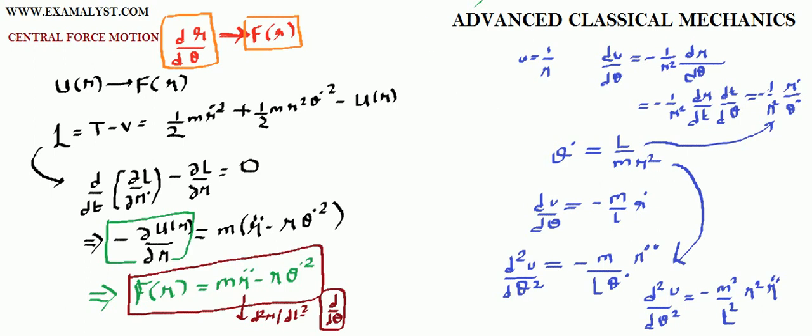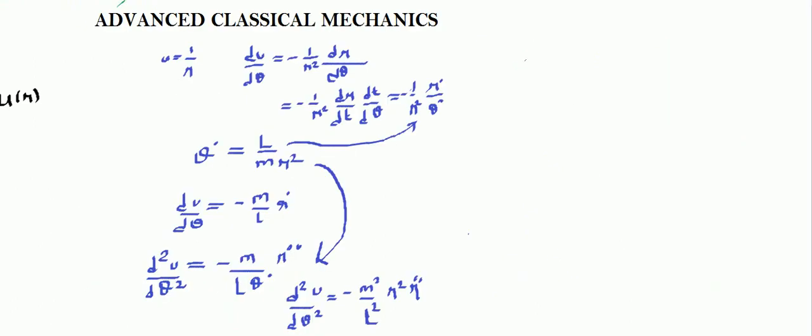So let me do it here. r double dot is now minus angular momentum square divided by m square, and then there will be u square, because 1 by r square is u square, and then there will be a d square u divided by d theta square.